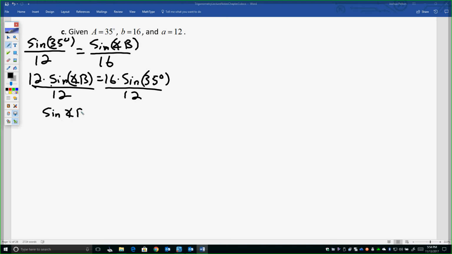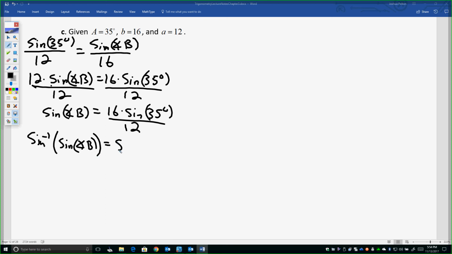Sine of angle B equals 16 times sine of 35 over 12. So we take the inverse sine of both sides: inverse sine of sine, inverse sine of 16 times sine of 35 over 12.